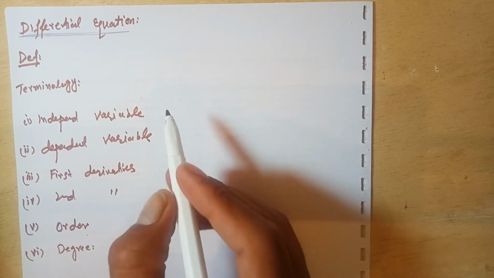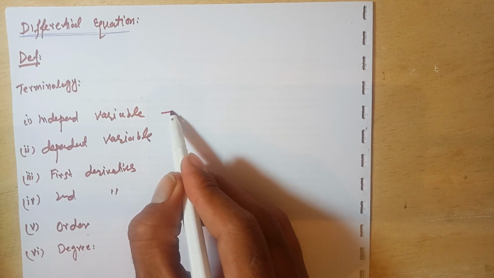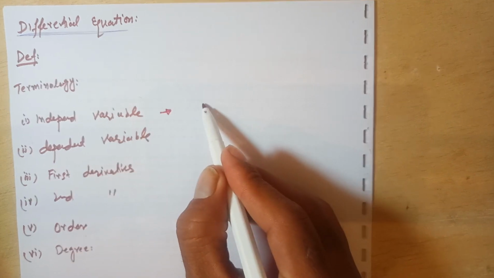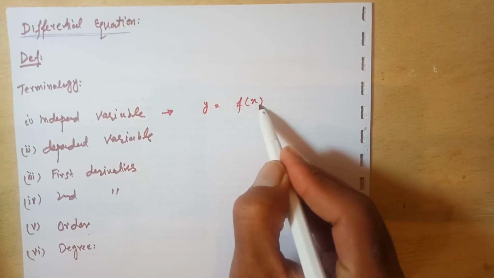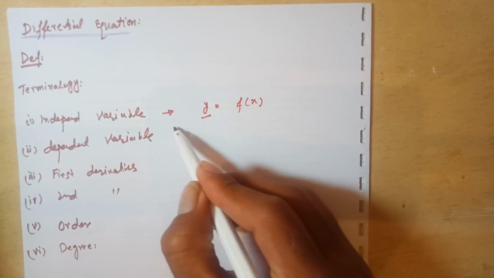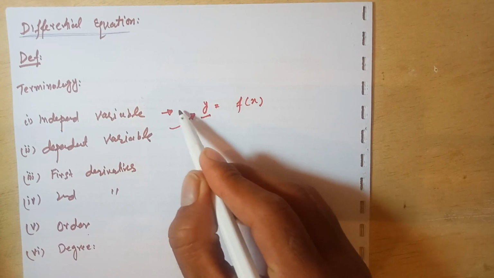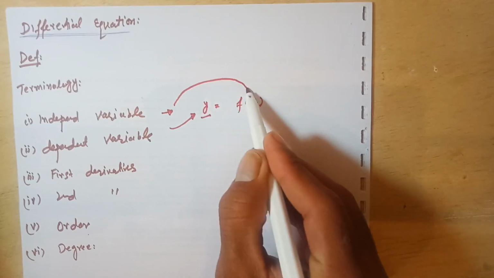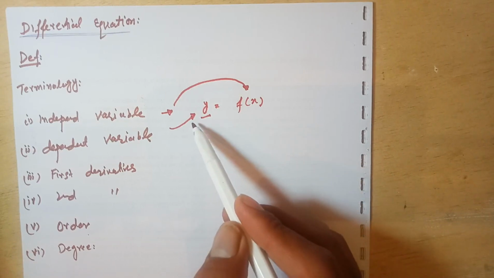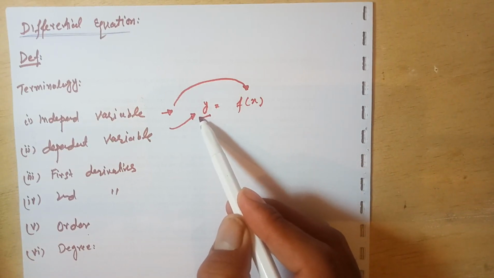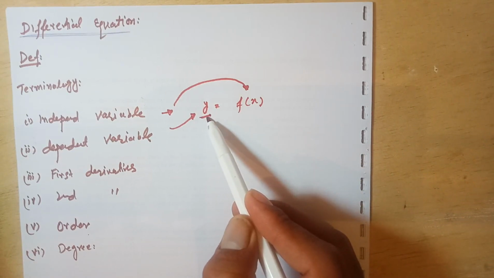The first thing is to be a differentiable function. Meaning if we have a function y which is f of x, this y is my dependent variable which depends on x, which is the independent variable, and this dependent variable, my function, must be differentiable.